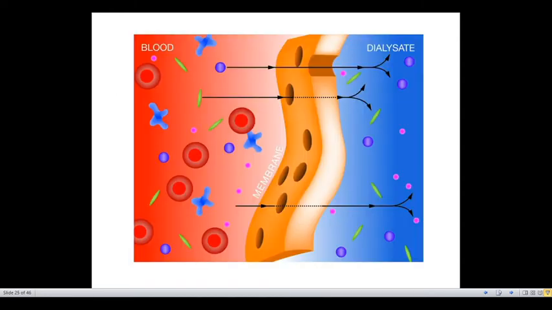This diagram shows the principle of hemodialysis. Blood is passed through minute blood channels of a membrane. On the other side of the membrane is the dialyzing fluid called dialysate, into which unwanted substances in the blood pass by diffusion.